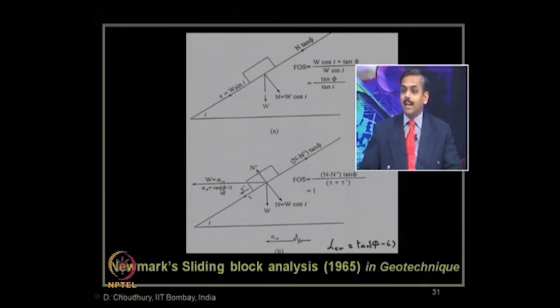If the actual acceleration is beyond that value, then the factor of safety will of course be less than 1. That means it is no longer a stable slope, it will start sliding down. Then how much is that sliding, how much is the displacement, that can be computed based on the difference of the acceleration between this critical value and the actual value of acceleration. Now, integrating that acceleration twice, you will get the displacement.